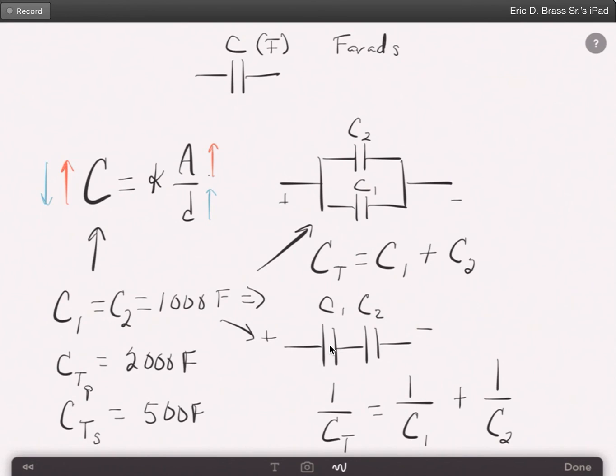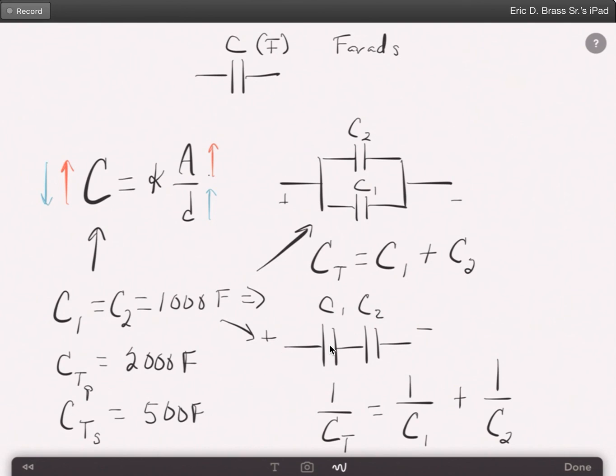Manufacturers make capacitors, and they have certain ones that they make. But let's say you have a circuit that needs a specific kind of capacitor. Based on different capacitor configurations, you can build the capacitor that you want.